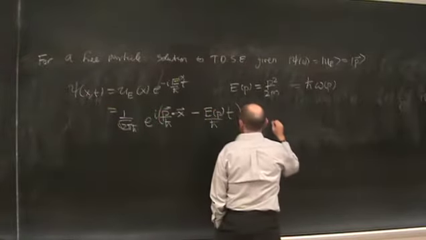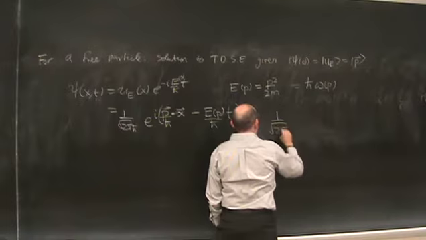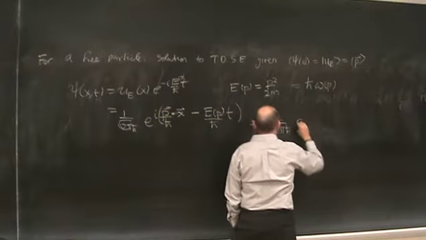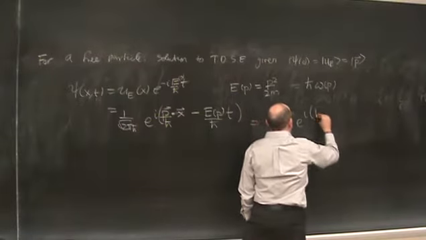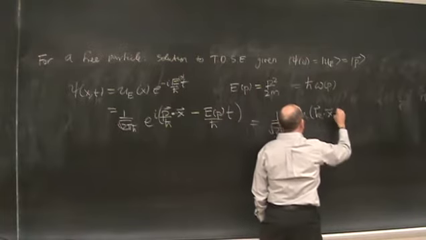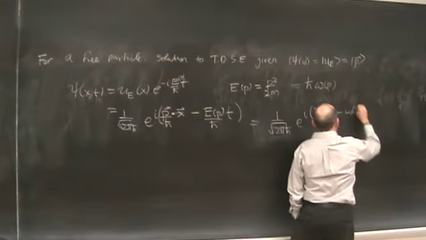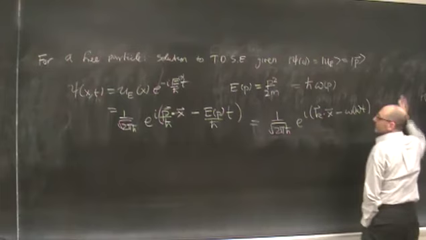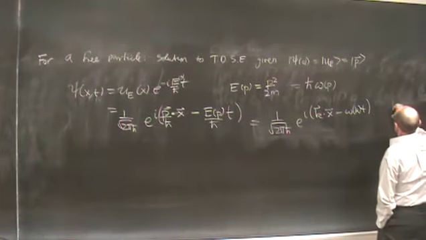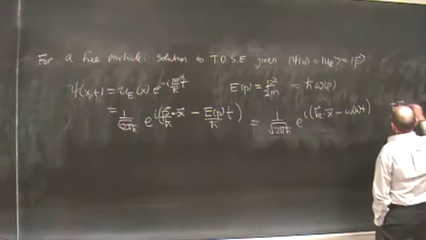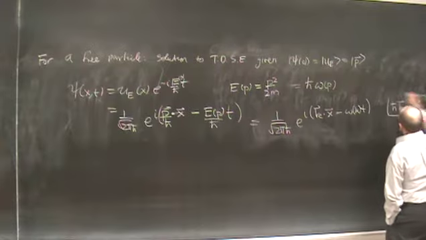Or I could write this, if I want to write it in terms of the wave vector, as k dot x minus omega k t. h bar k is just another way of writing p.